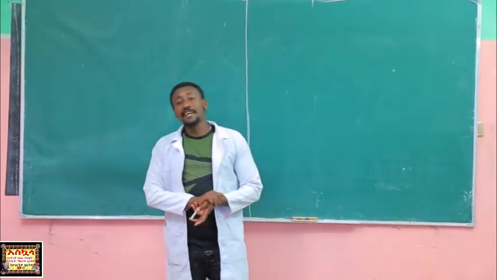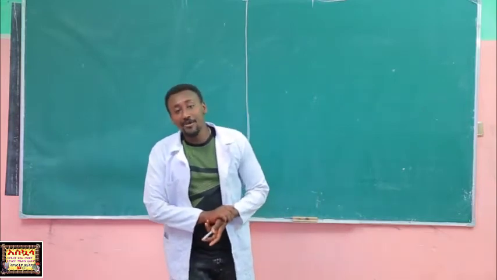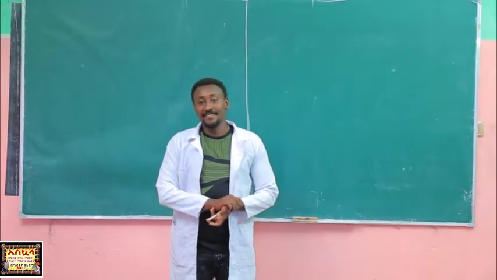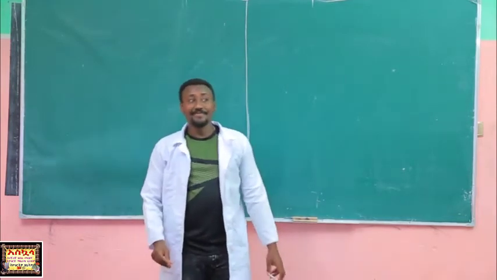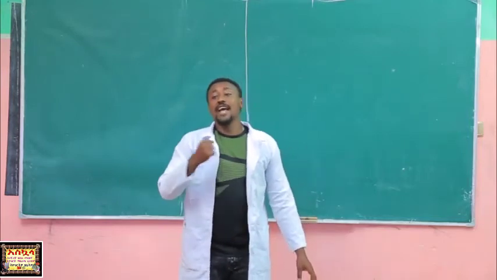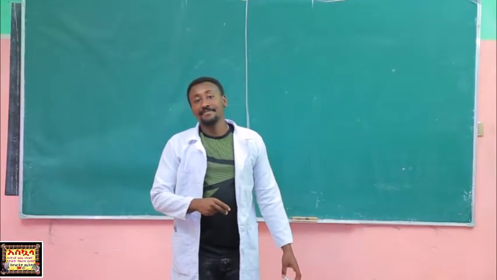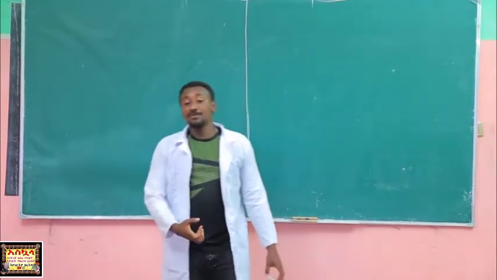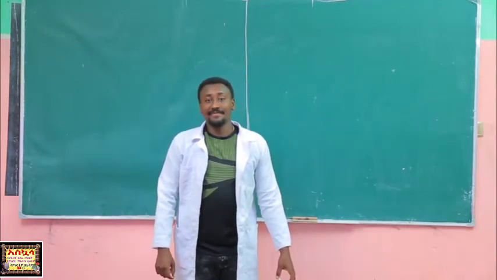How can we define an uncountable noun, and give some examples of uncountable nouns to your parents. Understand the question? Let me repeat. What does uncountable noun mean? And give some examples of uncountable nouns to your parents. Good.